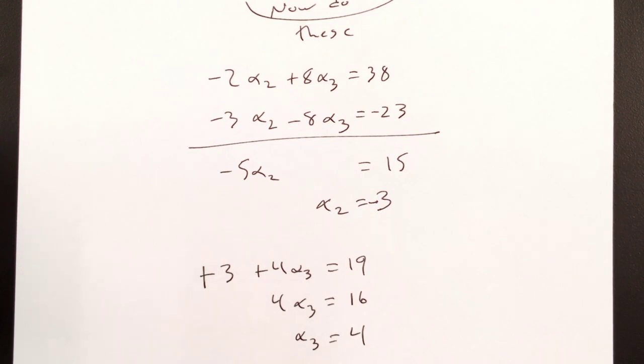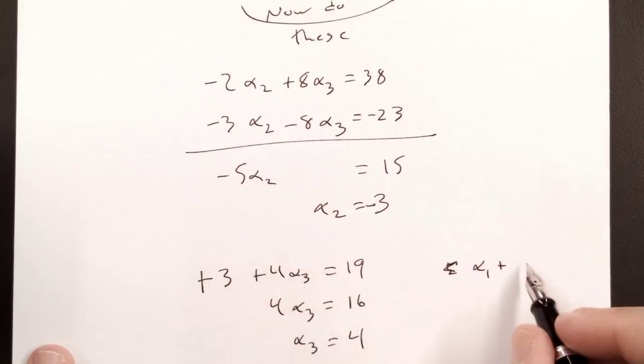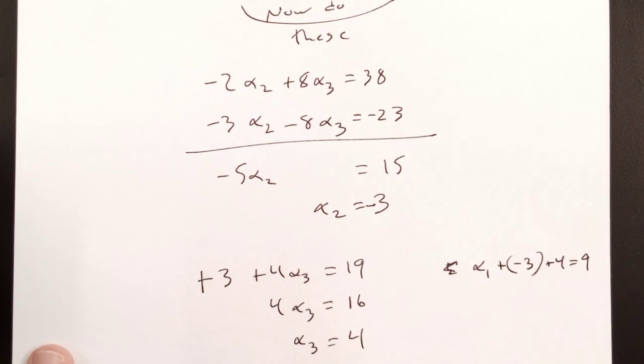And now I can go back. Alpha 1 plus alpha 2 plus alpha 3 equals 9. Alpha 1 plus 1 equals 9. Alpha 1 equals 8.